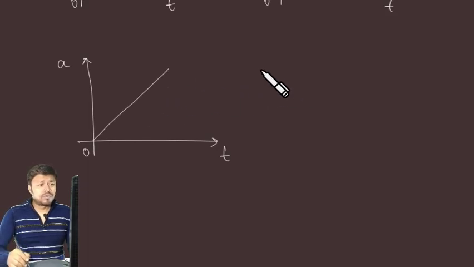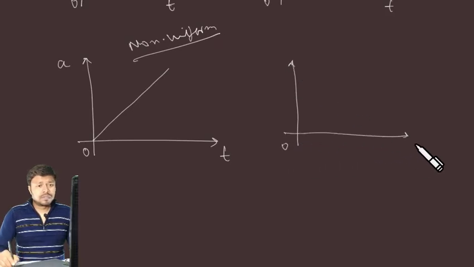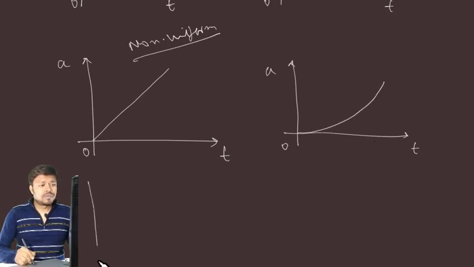This is a non-uniform motion, and then also it would look like a curve, this, or can be this also.